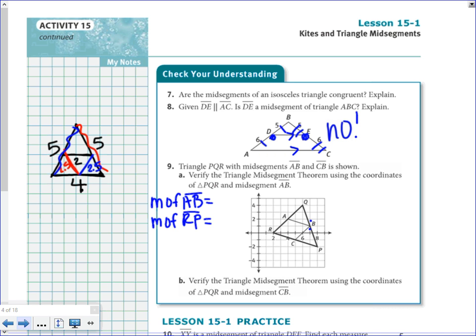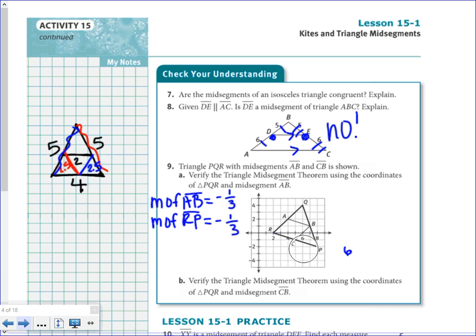Rise over run is -1/3. Rise over run is -2/6, which reduces to -1/3. So the slopes are the same, so that's good.